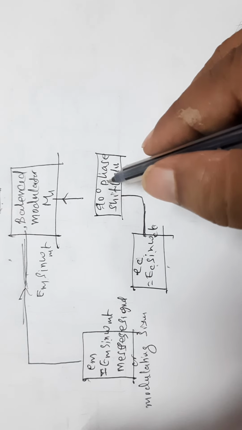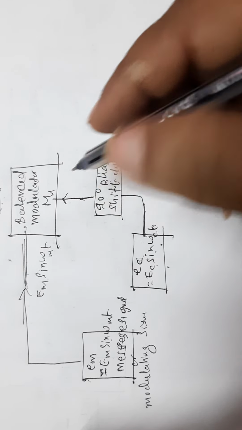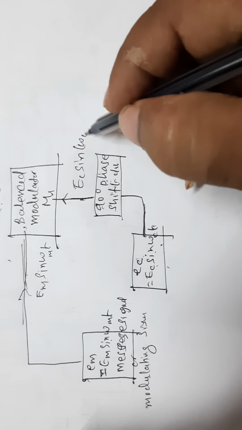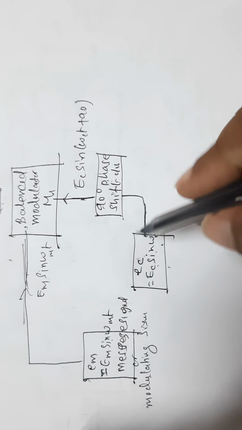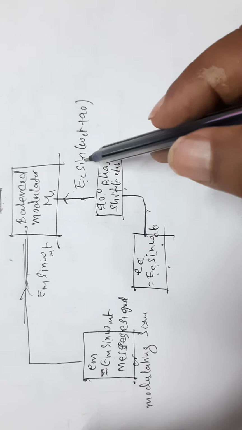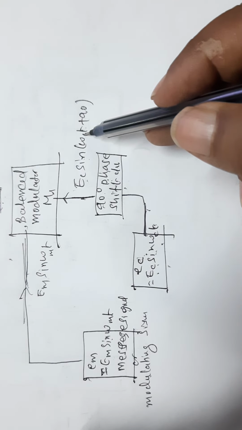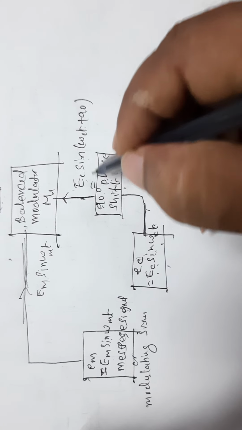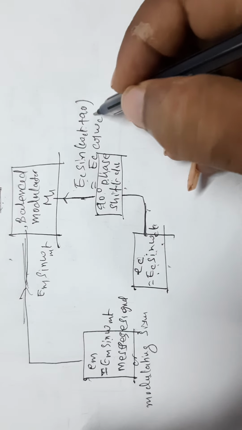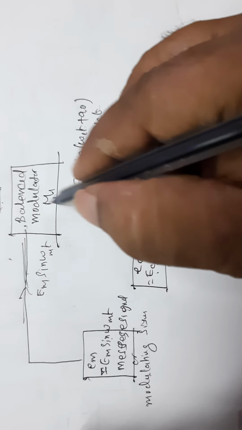Therefore, the output of this 90-degree phase shifter is Ec sin of omega ct plus 90. And we know that sin of 90 plus theta is cos theta. Therefore, this is equal to Ec cos omega ct. This Ec cos omega ct is the carrier signal applied to balanced modulator M1.